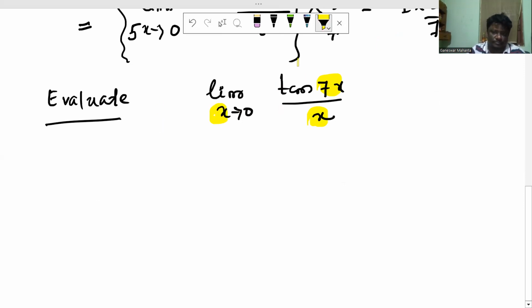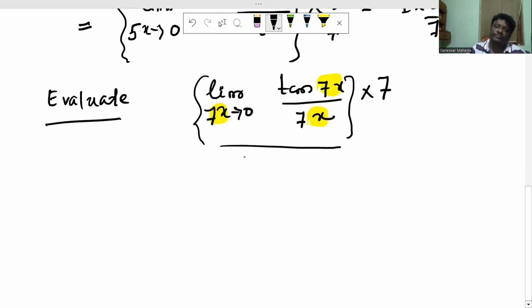Then the value becomes 1. So what we will do is multiply by 7 and divide by 7. Now this value is converted into the 1 form. 1 into 7, that is equal to 7. So the value of this limit is 7.